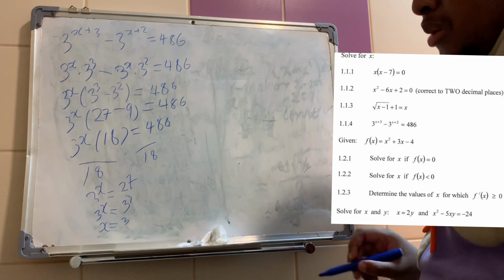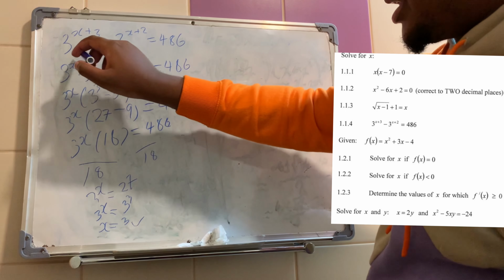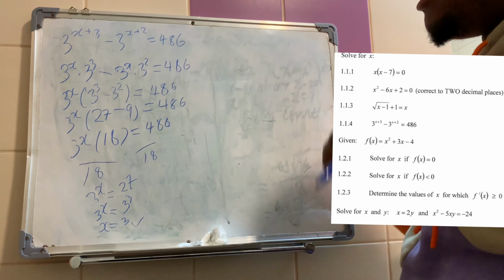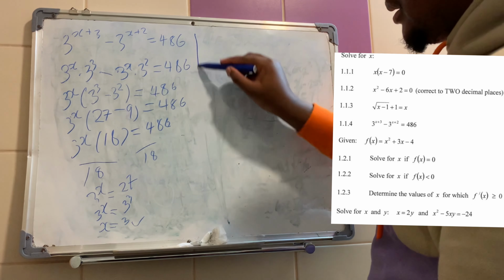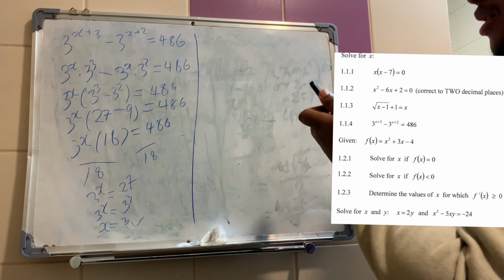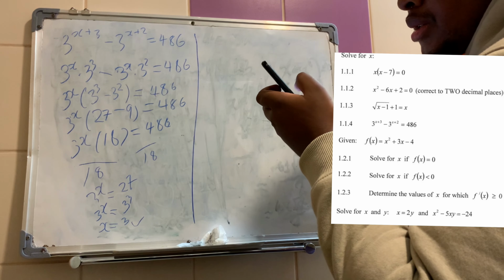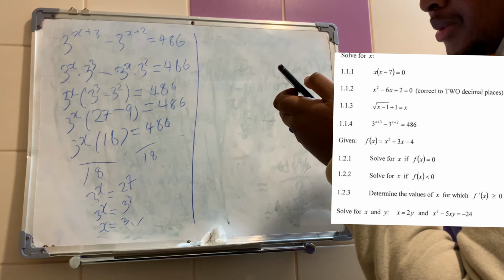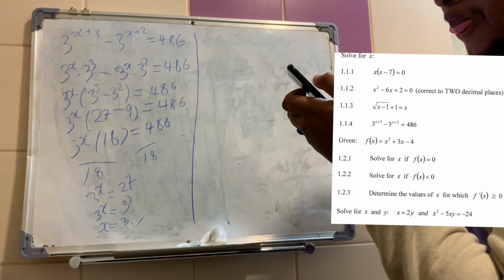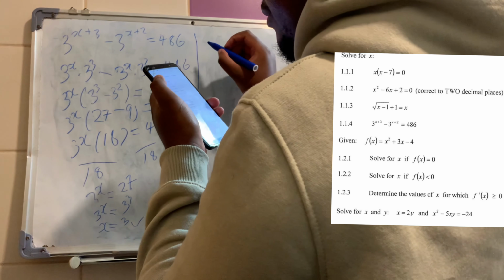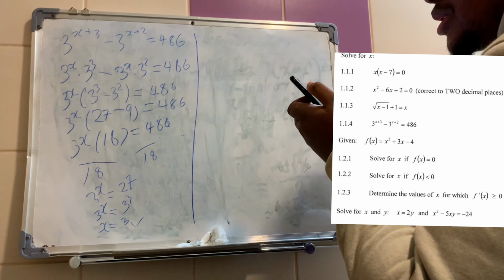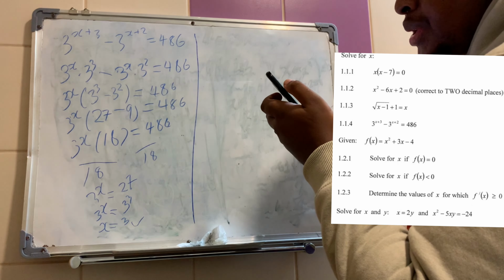Now, I want you to please take this and check it in your equation here, 486. Another question is, you are given f of x equals x squared plus 3x minus 4.